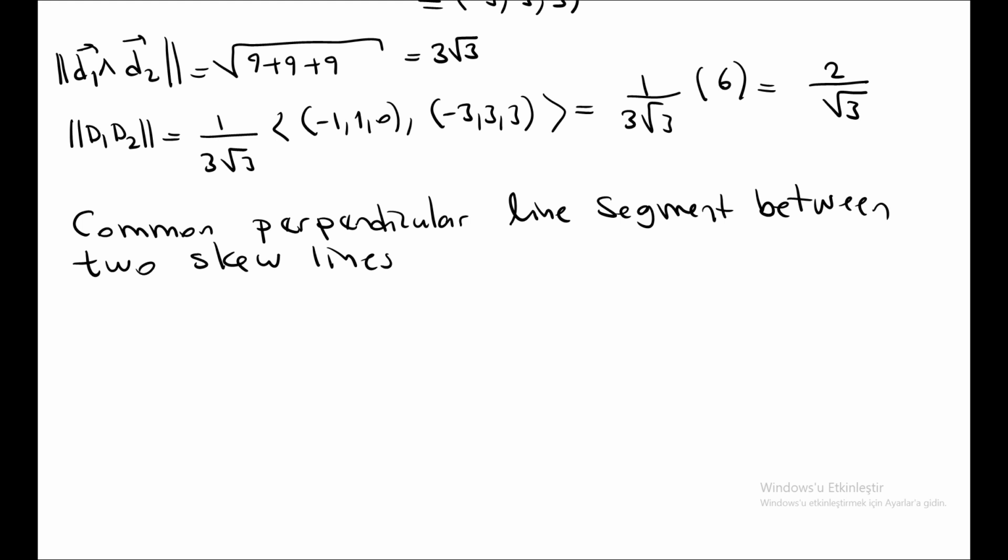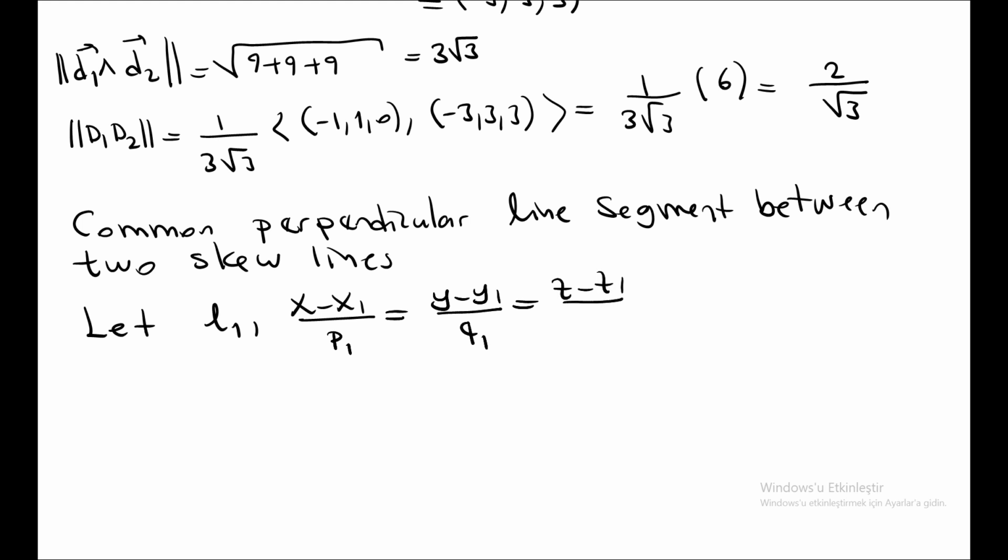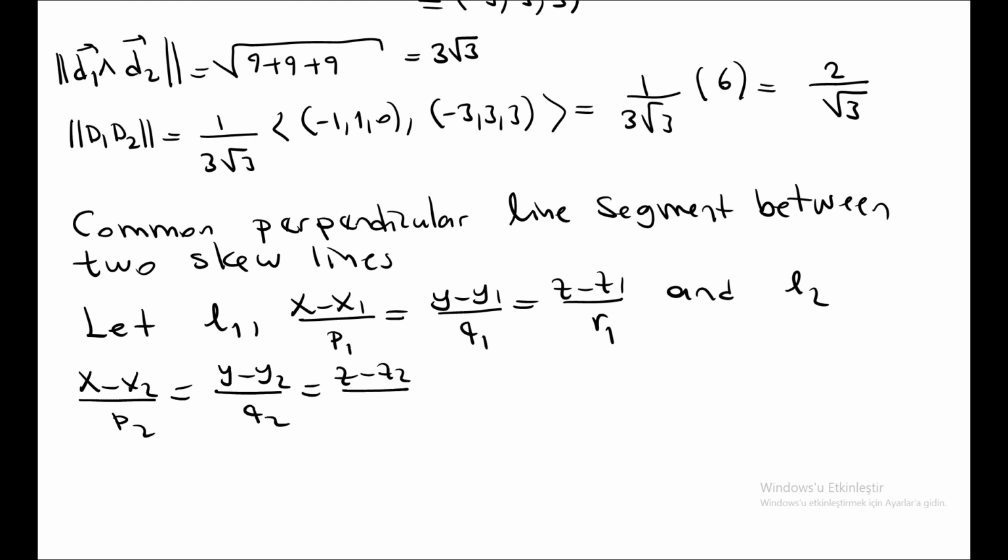So you have two lines. Let's say L1: x minus x1 over P1, y minus y1 over Q1, and z minus z1 over R1, and L2: x minus x2 over P2, y minus y2 over Q2, z minus z2 over R2, be two skew lines.